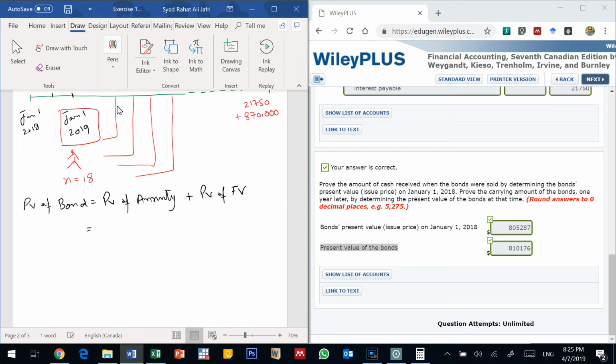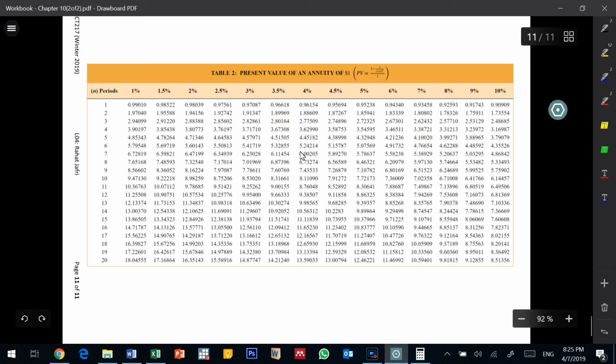So PV of annuity is $21,750 times some factor from the PV table, plus $870,000 times a factor which is also coming from the PV table. So let's go to our PV table and find those 2 factors. From the annuity table, we are still looking at a market rate of 3%, and now N is equal to 18. The intersection of both values is 13.75351.